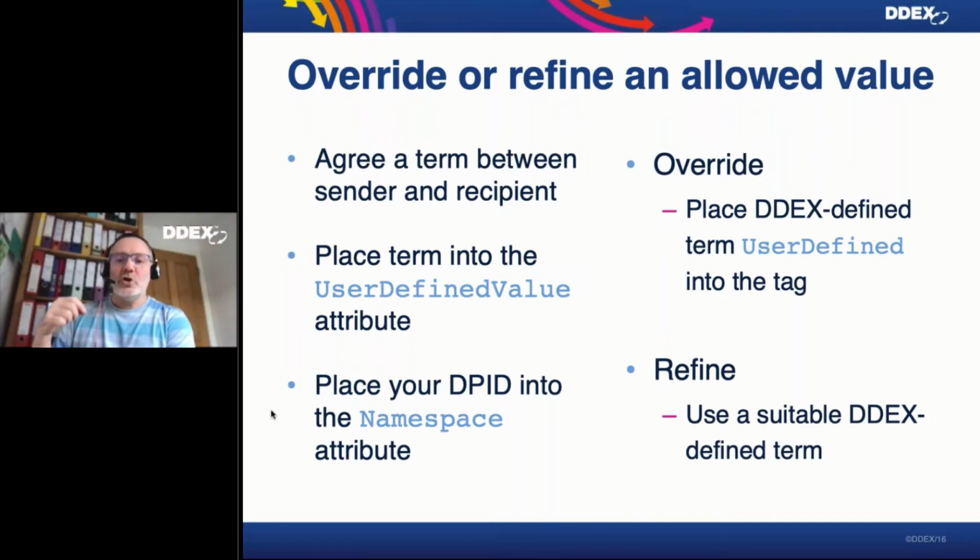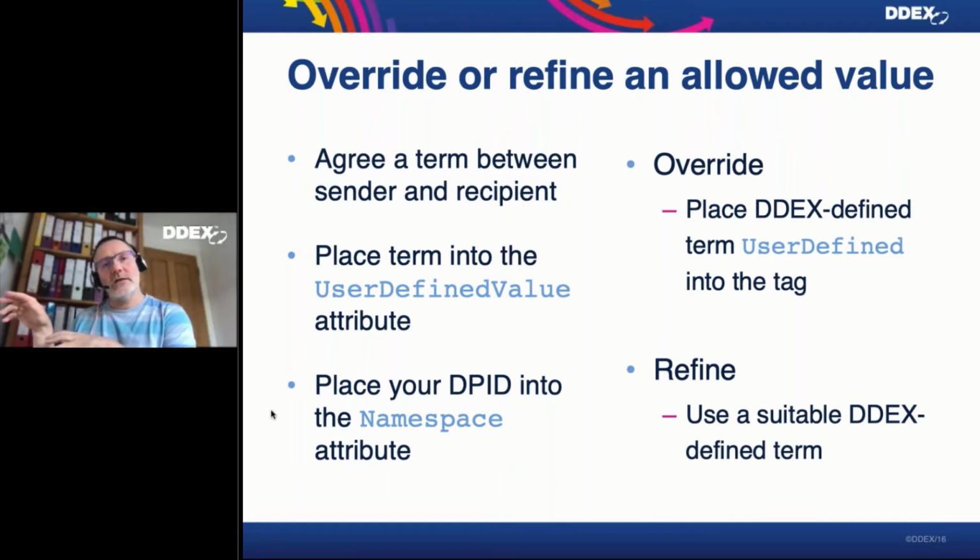In addition, you would need to make sure that the DPID of the sender or the recipient, it doesn't really matter which one, is in the namespace attribute. This means to everybody who then sees this term, who actually defined the term, who knows what it means, because just because somebody calls it 1, 2, 3 doesn't mean anything, as Mark has told us. You need to know who defined it.